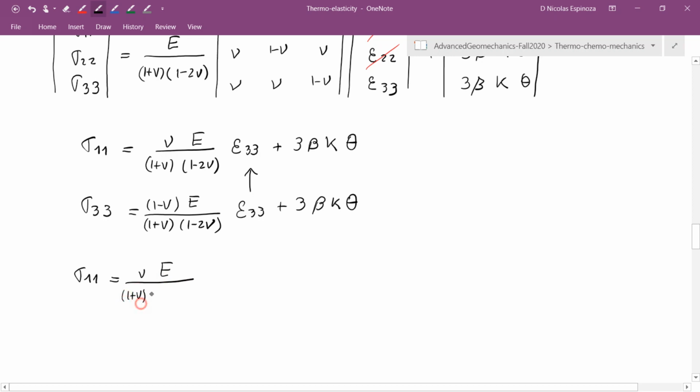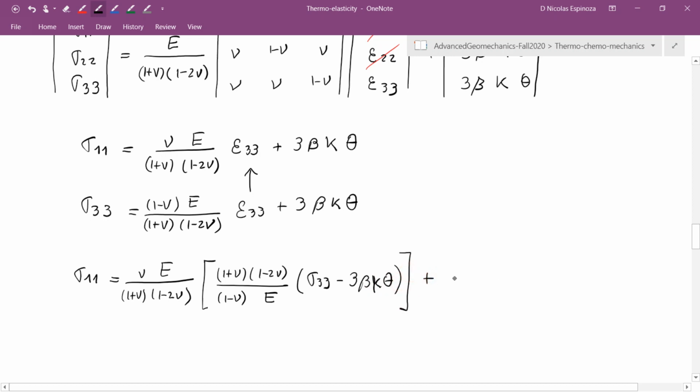This is the part that depends on the Poisson ratio and Young modulus, and epsilon 33 in this case is going to be sigma 33 minus 3 beta k theta, multiply 1 plus Poisson ratio, 1 minus 2 times Poisson ratio, divided by what was in the numerator, and this times sigma 33 minus 3 beta k theta, which is what I get from that equation.